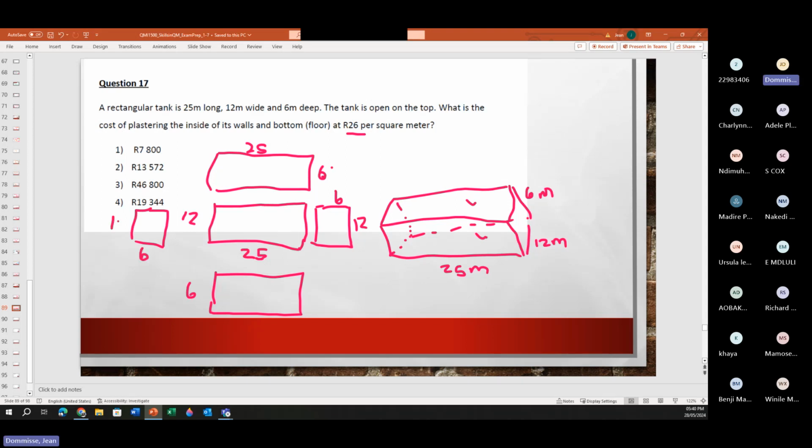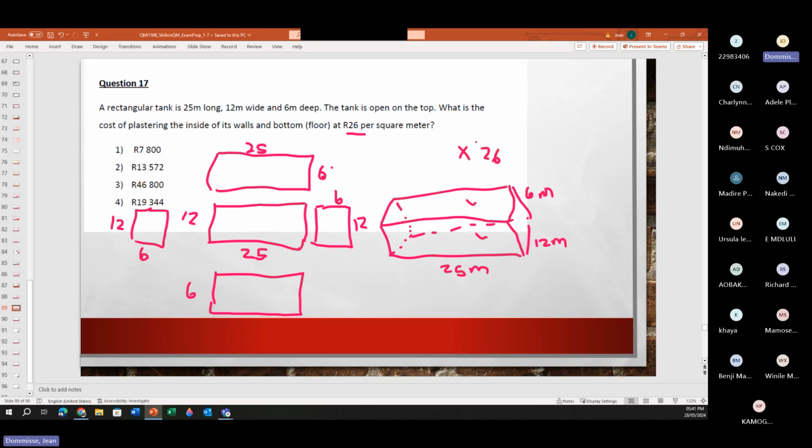If you think about it, if we close that up, that's the bottom of the tank, that's the one side, that's the back end, that's the left hand, and this is the front end of the tank. We need to work out the total area, and then multiply it by 26 Rand per square meter.